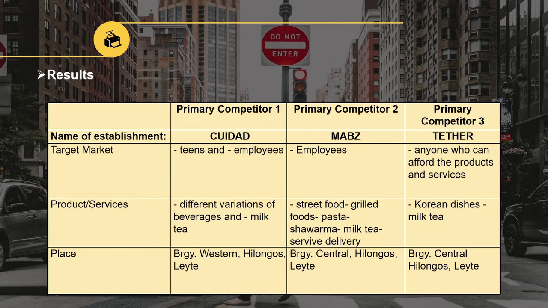and Theater. Ciudad's target clients are youth and employees who are patrons who appreciate trendy products as opposed to the competitors' target groups. Mobs, on the other hand, targets employees as their target market because they can purchase such items.